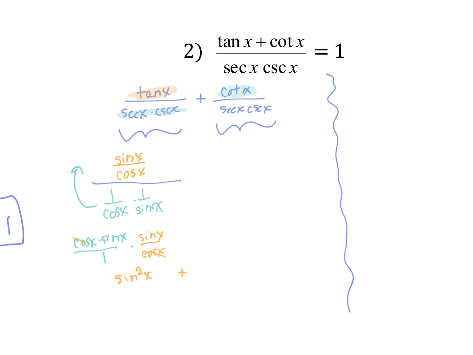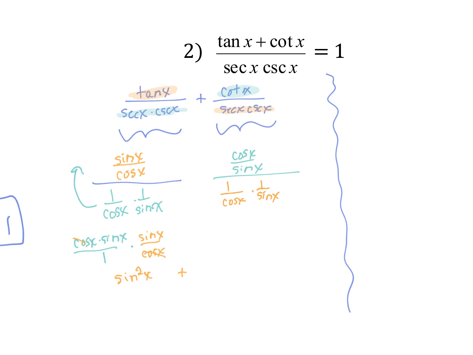So I'm going to rewrite this cotangent x as cosine x over sine x, and that's all over 1 over cosine x times 1 over sine x.